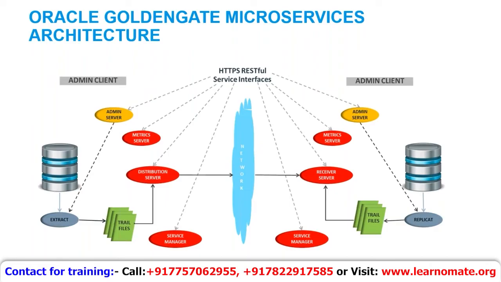Once the data is available in the local trail file, the distribution server reads the changes from the trail file and sends them over the TCP/IP network, where receiver server on target receives them and writes them to remote trail on target. Once the data is available in the remote trail on target, the replicate process applies it to target data. So GoldenGate extract and replicate all reside under the administration server.